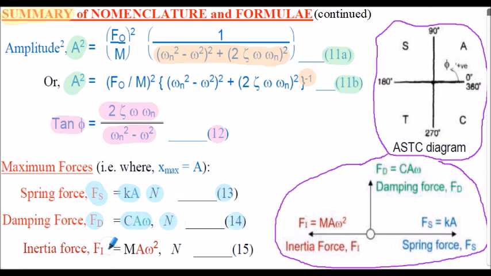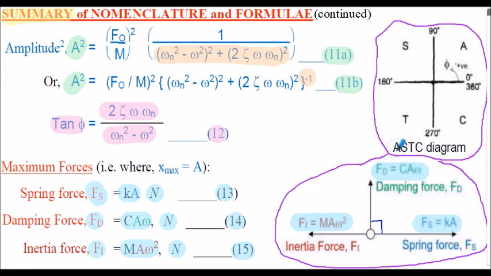And the inertia force Fi, that's M a omega squared, again in newtons, and that's equation 15. Here are the forces applied: spring force, damping force, and inertia force. They're all mutually orthogonal to each other. In other words, they're all at right angles to each other.